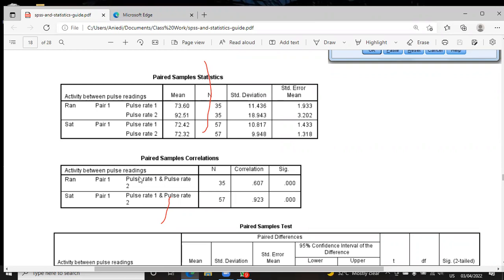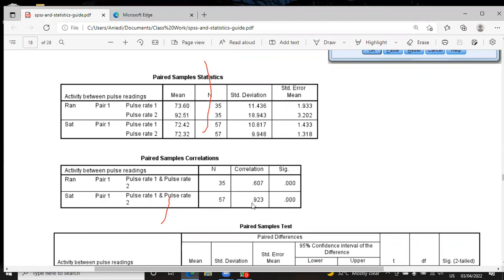So that was it. Then look at the sample correlation. There is a high correlation between increase in pulse rate and running, which is 0.607. Then a high correlation in reduction of pulse rate when you are sitting.